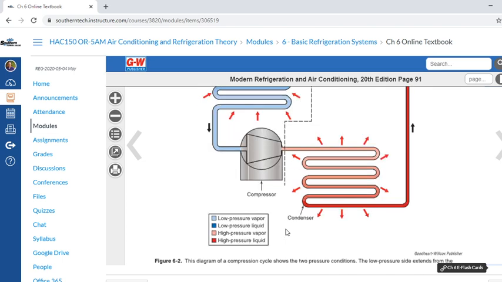And down here we have this little diagram showing you what the pressures are at that point. The light blue is low pressure vapor. The darker blue is low pressure liquid. The pink or light red is high pressure vapor, and the red is high pressure liquid.